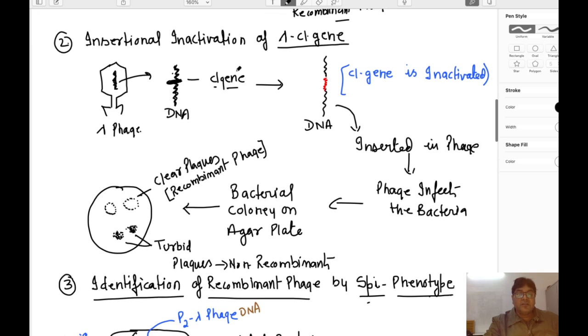So this cI gene is responsible for morphology. That means if the clear phages are there, they are recombinant phages. But if the phage morphology is disturbed and forms a turbid morphology, then these turbid ones are the non-recombinant. So we analyze the morphology, and the morphology is changed because of the disturbance in the cI gene.